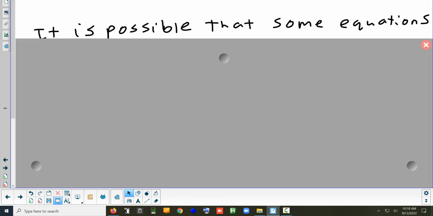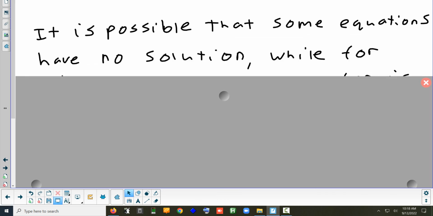When you solve equations, this is on your guided notes to fill in, there are some equations that you will solve that don't have an answer. That means no, even if you do all the steps right, you don't get an answer. So there are some equations that have no solutions.